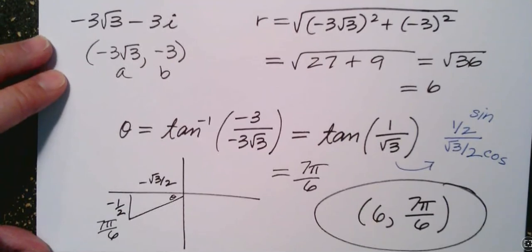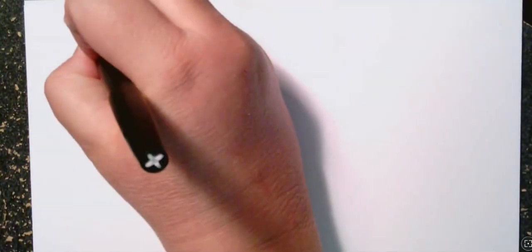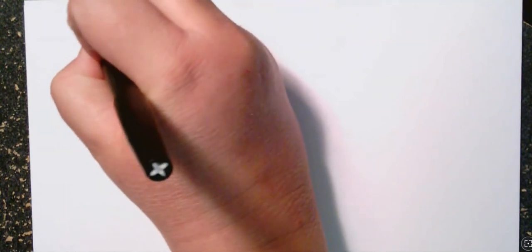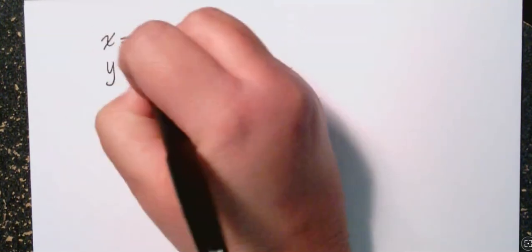All right, next we're going to do a complex number in rectangular form that starts out in polar form. So here's the cool thing, think back to when we were going from polar to rectangular or rectangular to polar, we had these little formulas.